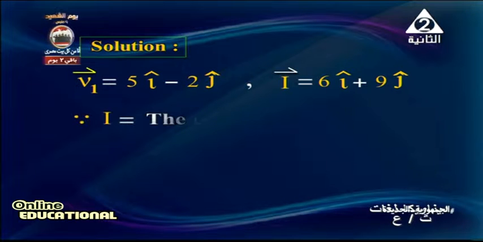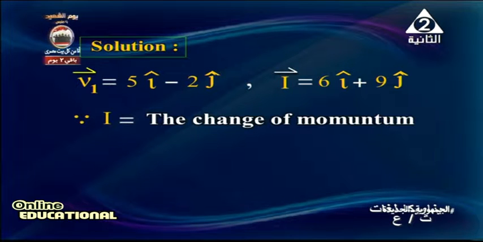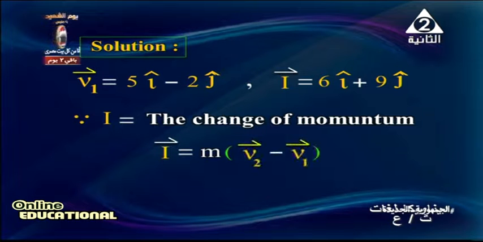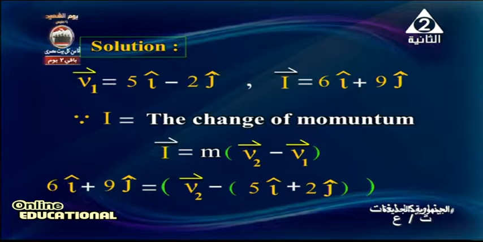And we know that I equals the change of momentum. Then the vector I equals m(v2 − v1). In the left hand side, vector I equals 6i + 9j, equals, in the right hand side, the mass of the body, 3 kilogram, multiplied by v2 − v1.